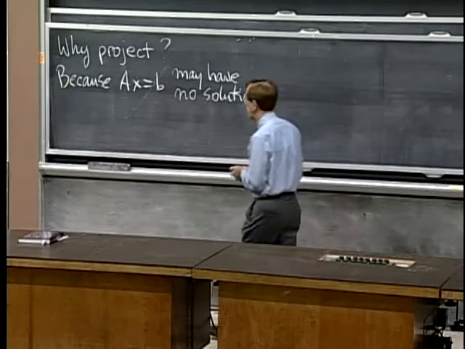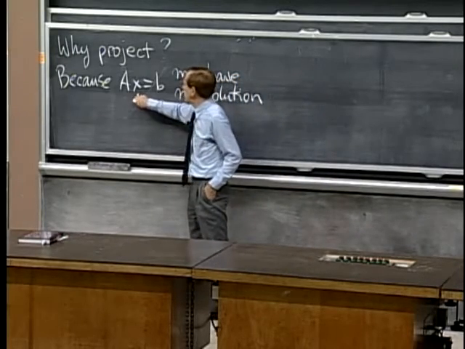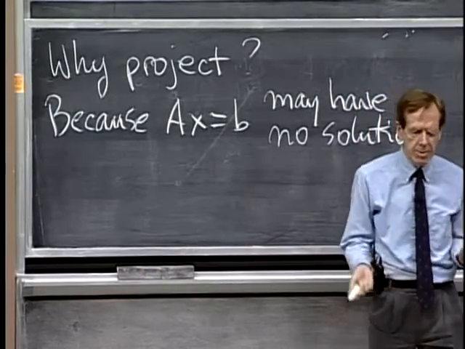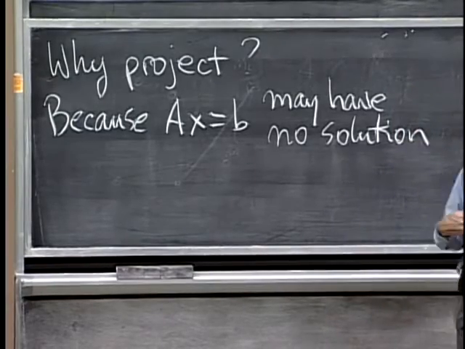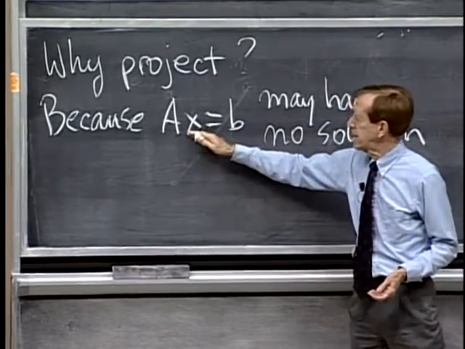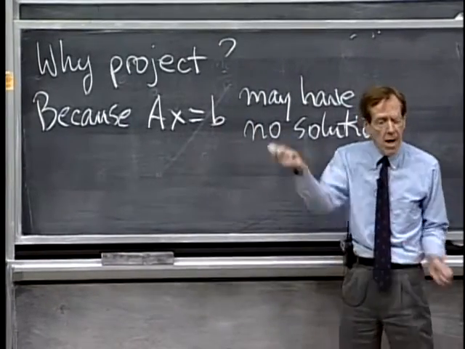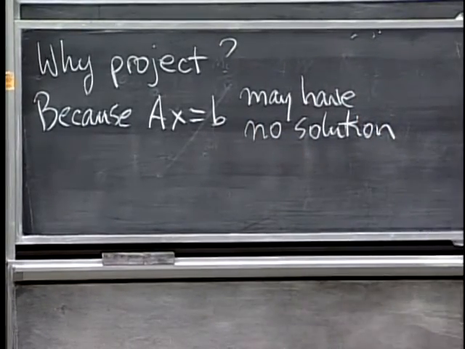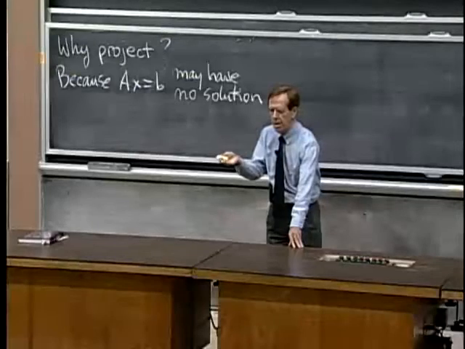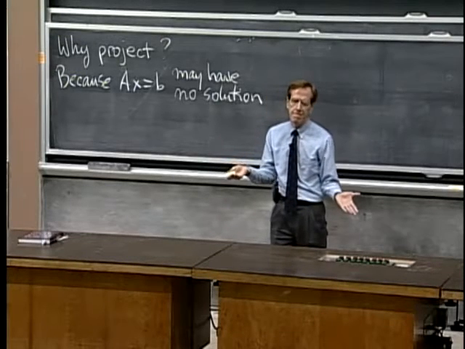So what do I do? I solve the closest problem that I can solve. And what's the closest one? Well, Ax will always be in the column space of A. That's my problem. My problem is Ax has to be in the column space, and b is probably not in the column space. So I change b to what?